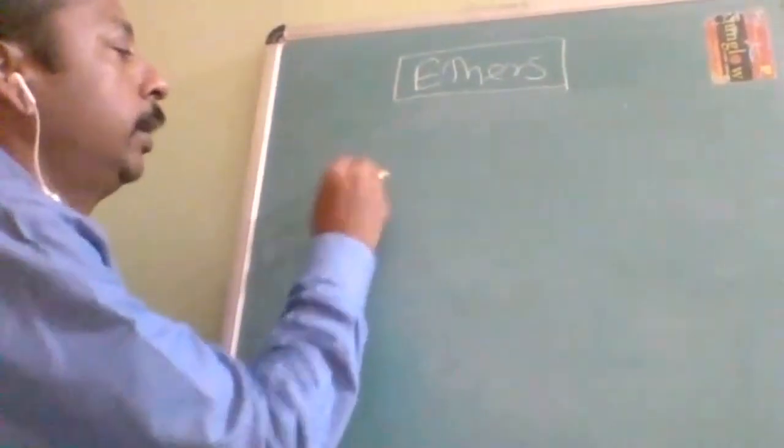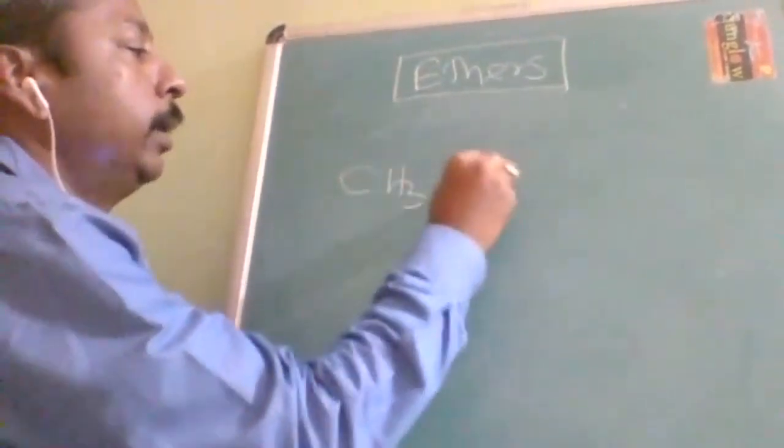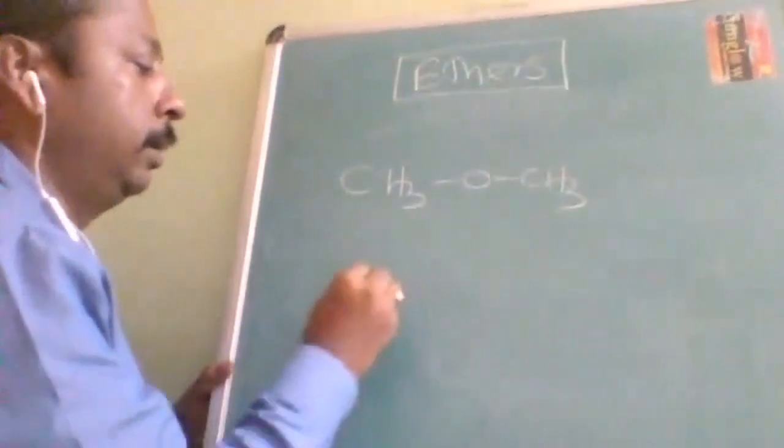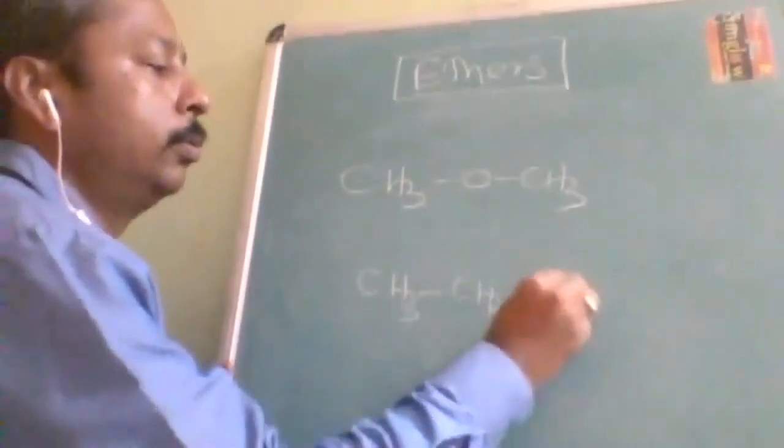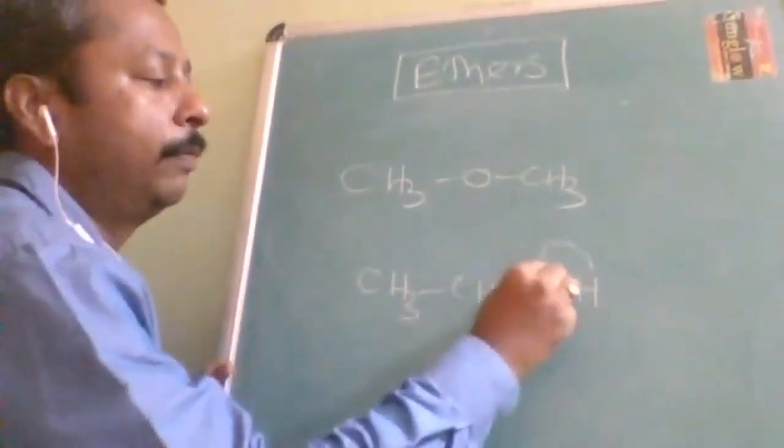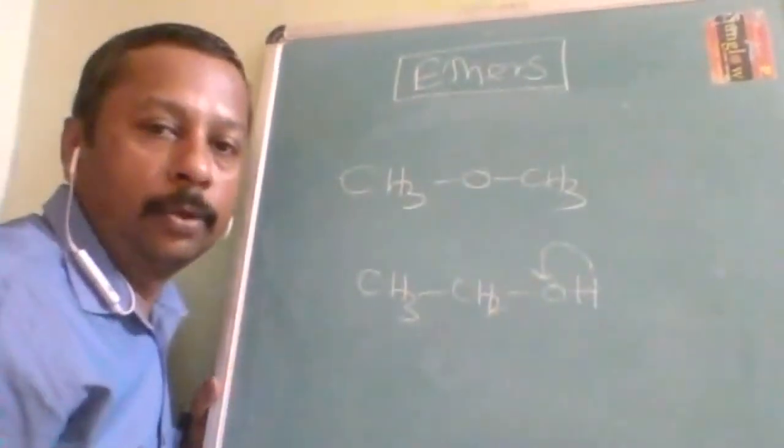Like in the previous example, here CH3CH2OH. Here you can find this hydrogen is directly connected to oxygen.